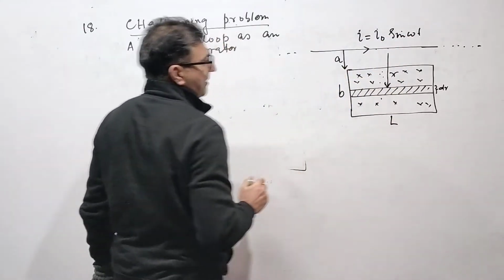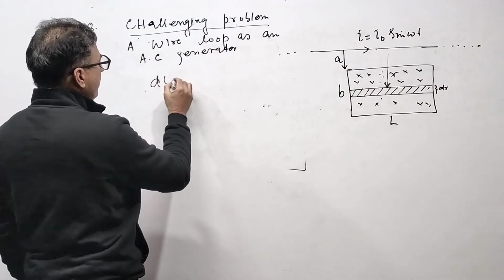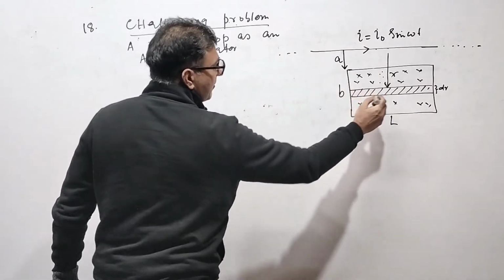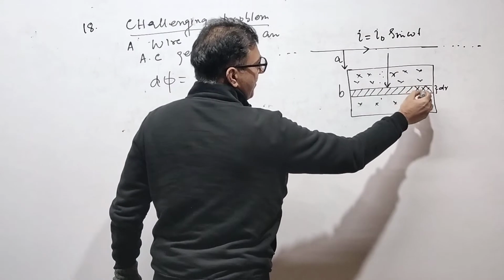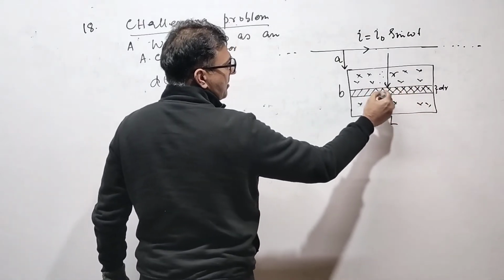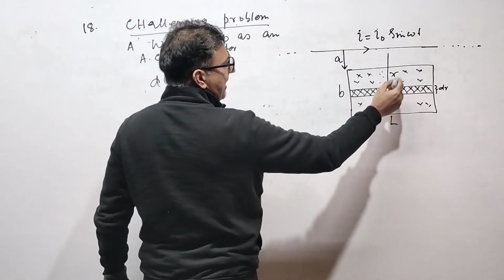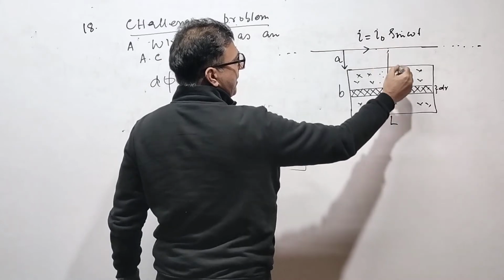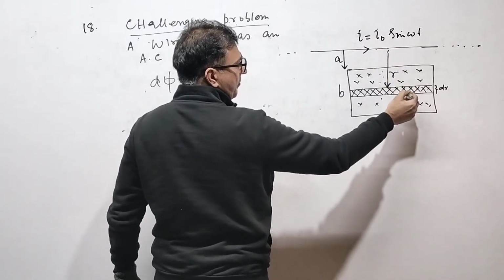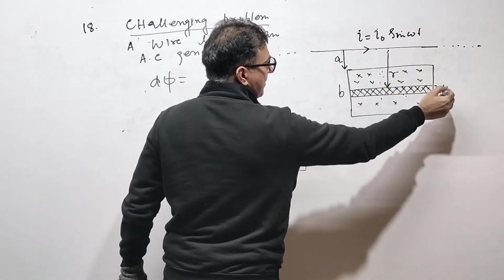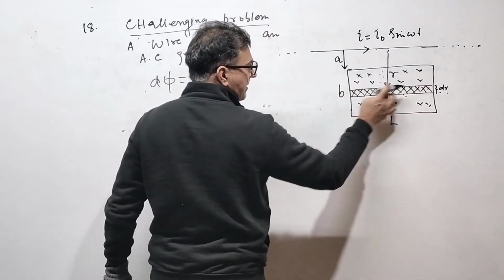First of all, let me find the flux. Small flux d phi is for this small part of the wire loop, which is at a distance r from the wire, and its width is dr. So how much area is this?